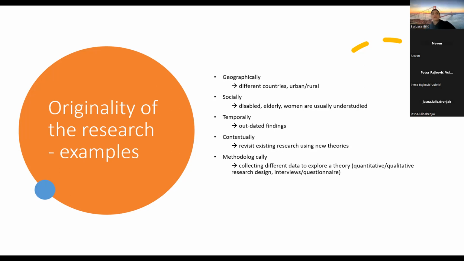For example, you can measure your physical activity using interviews, one by one, and you can use paper and pen questionnaires. You are measuring the same construct, but in a different way, and that's also the originality of the research.